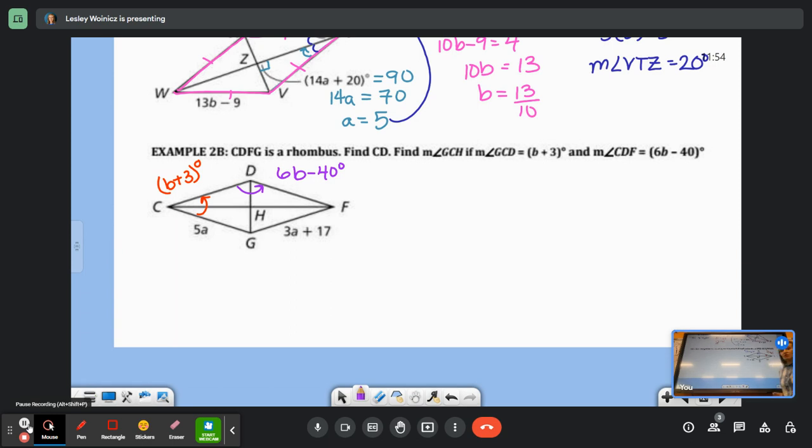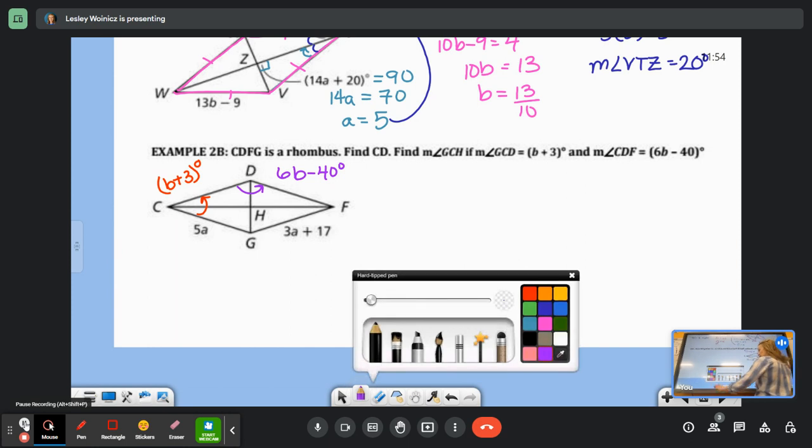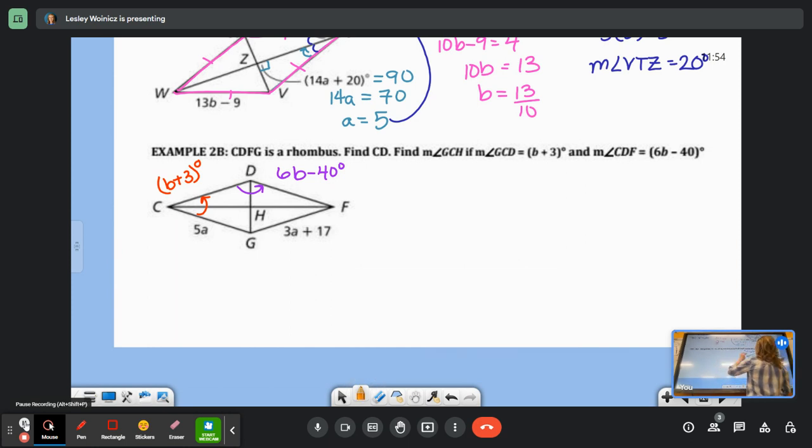Consecutive angles in a parallelogram are supplementary, so they must add up to 180 degrees. So I know my b plus 3 plus 6b minus 40 have to all add up to 180.